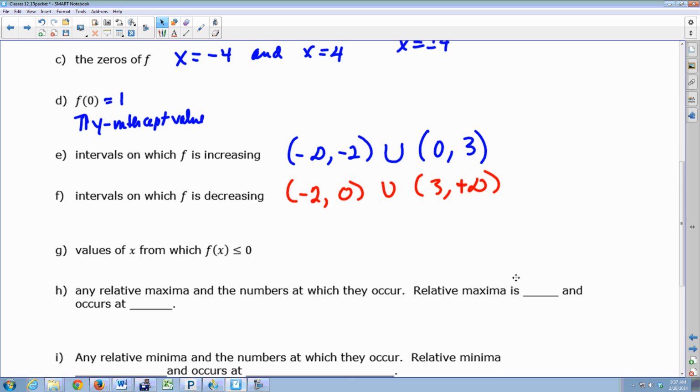Okay, values of x. So now they're just asking you for the values of x. It could be using an interval for which f of x is greater than or equal to 0. So what is f of x?